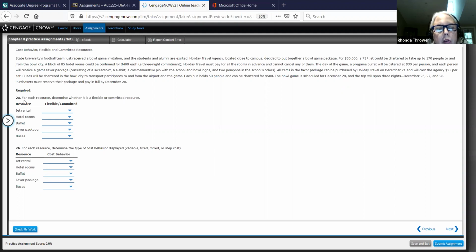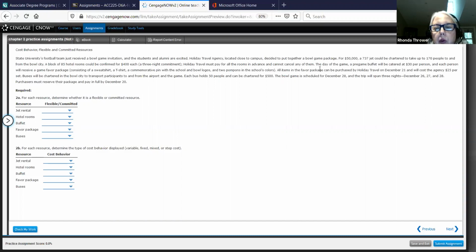For requirement 2A, it says for each resource, determine whether it is a flexible or committed resource. The jet rental is a resource. We have to decide whether it is flexible or whether it is committed.